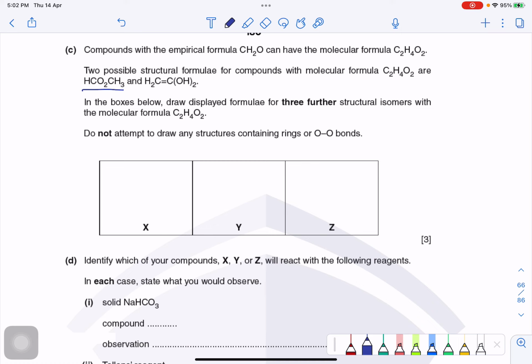This is methyl methanoate and ethene diol है, ये तो दो OH हैं, so ethene 1 diol with an ene, ethene 1 diol, ये बनेगा। In the box below, draw displayed formula for 3 further structural isomers.